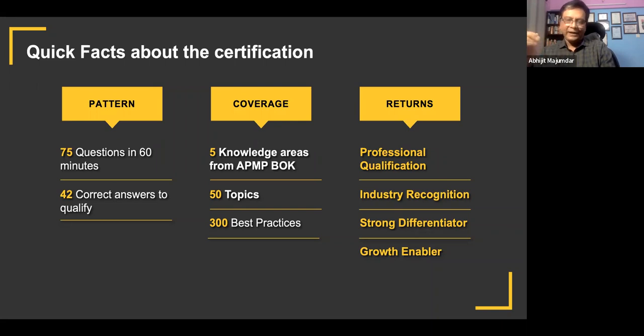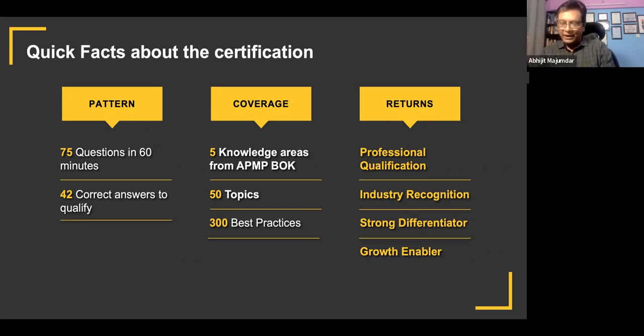And I, being the chair of APMP India, and also being one of the 11 globally certified professionals, because there are only 11 people across the world as of today who have got all the 4 levels of certification. And from India, I am the only one.